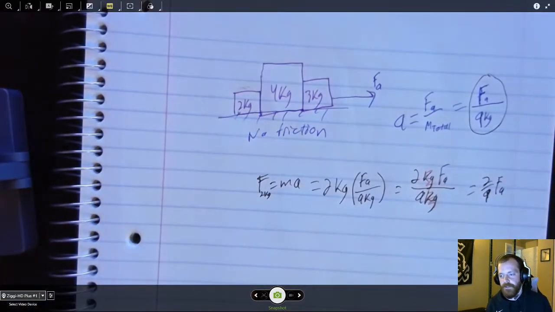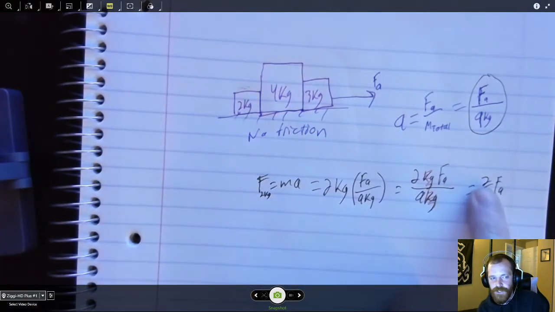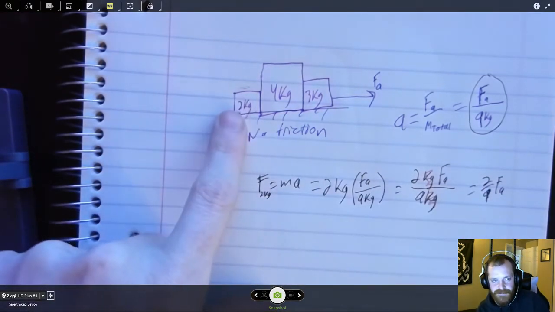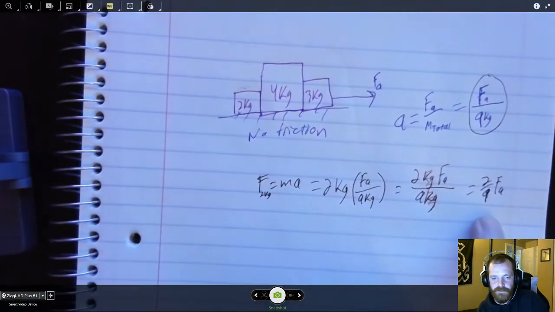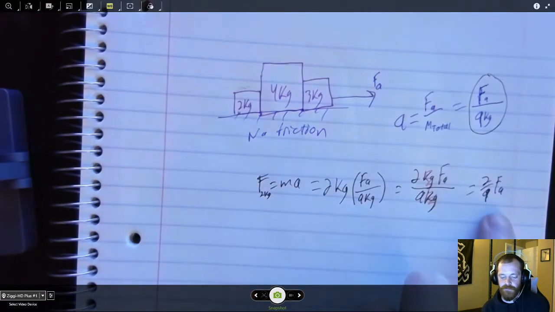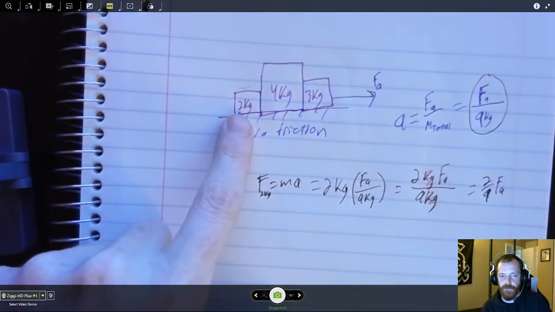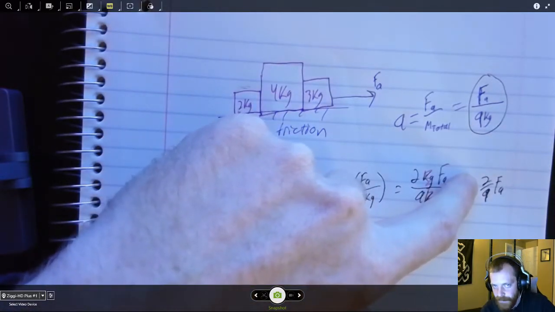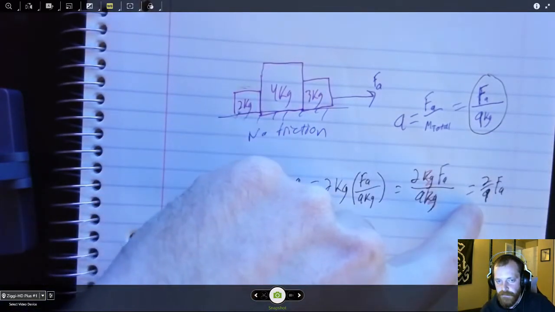It's always the ratio of that mass that I'm talking about divided by the total mass. The ratio of the net force being applied to the force acting on that individual box always ends up being the mass ratio.